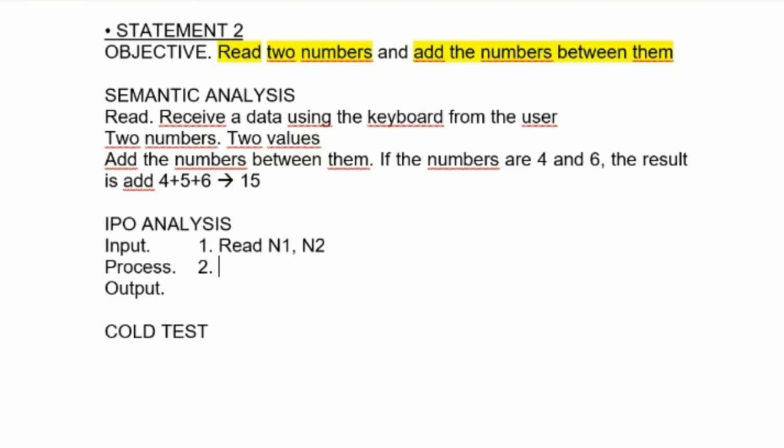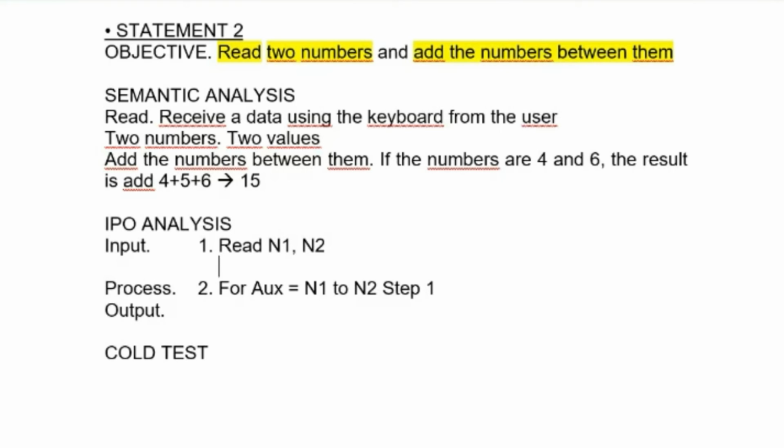Second. Remember, we are going to use the loop for. So we write for aus, another variable, begins in N1, to N2 with a step of 1. But we are going to use another variable.